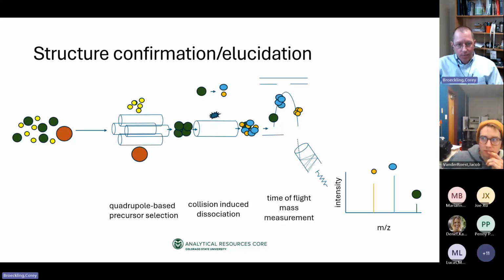Now, those product ions may still contain some precursor. If we fragment at a relatively low energy, we can have some remaining precursor. So we might still see a little bit of that green mass present. If, on the other hand, we fragment really heavily, the green may go away completely. And so with the time of flight, we measure the masses of all of the product ions to generate this product ion spectrum that we see in the schematic on the lower right.